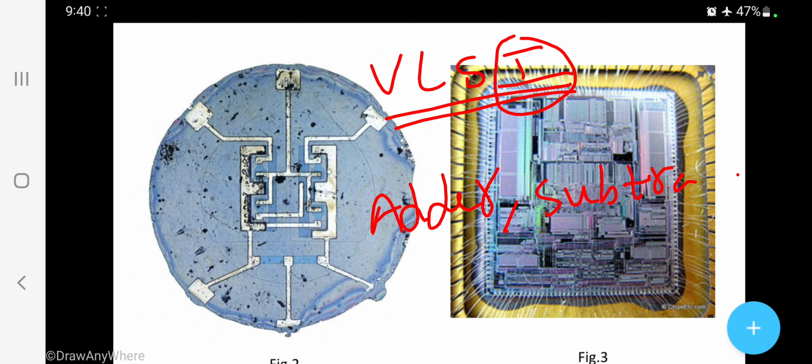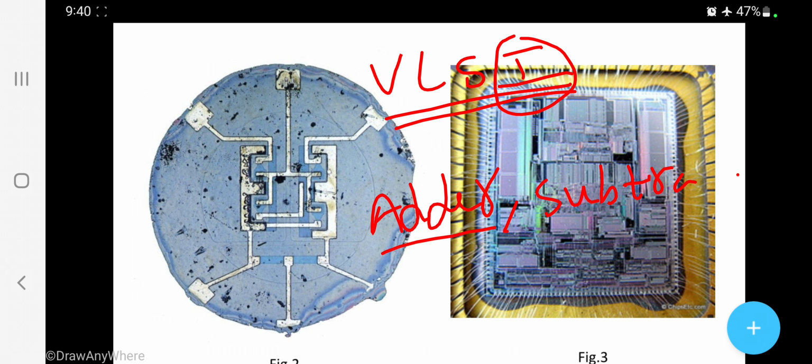So if you fabricate the work of these individual ICs, that is adder, subtractor, multiplier, and memory, whatever the arithmetic logic unit requires, all on a single IC, then it is nothing but large scale integration.